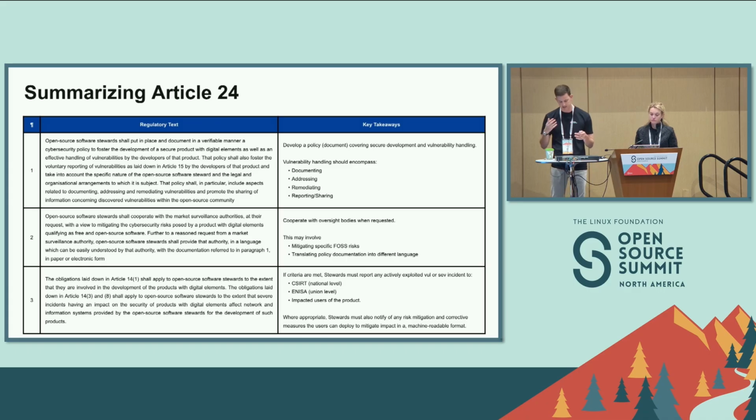And again, in these edge case scenarios, you could be required to actually provide guidance on how to correct or mitigate a specific risk or incident that's found. So again, have a policy, cooperate with authorities when required, and then assist in reporting and mitigation in these certain edge case scenarios.